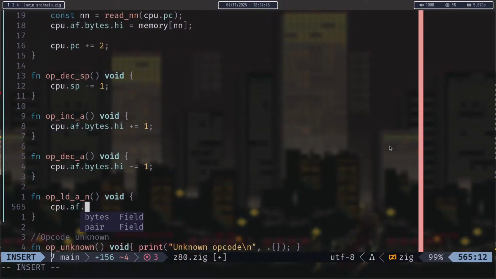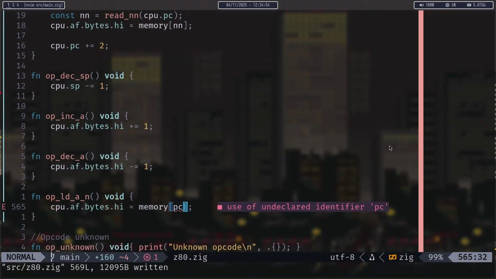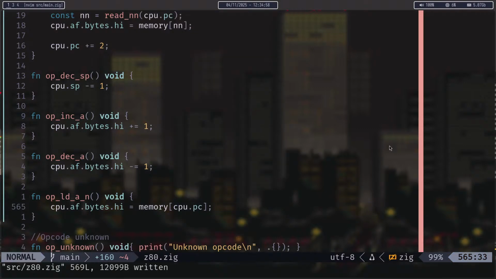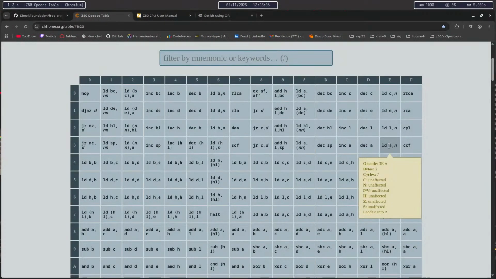So CPU.af.bytes.high equals memory at CPU.pc. Okay, that's all I have to do, right? It's 2 bytes.